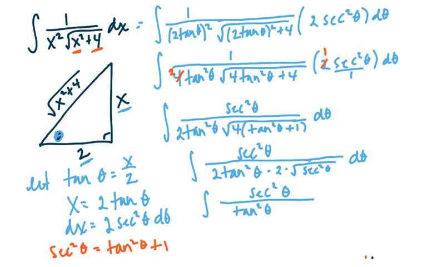So this is now 4 tangent squared theta. And then we have secant theta d theta. Now these squareds, one of these squareds will cancel with the secant on bottom. So we have the integration, let's pull the 4 out, 1/4. We have secant theta over tangent squared theta, d theta.